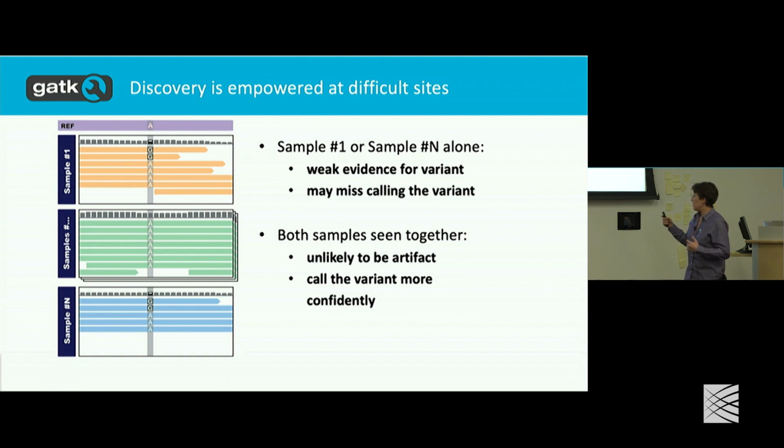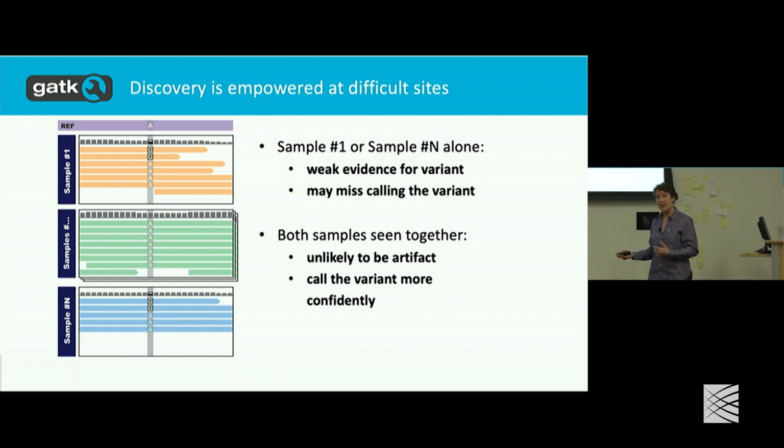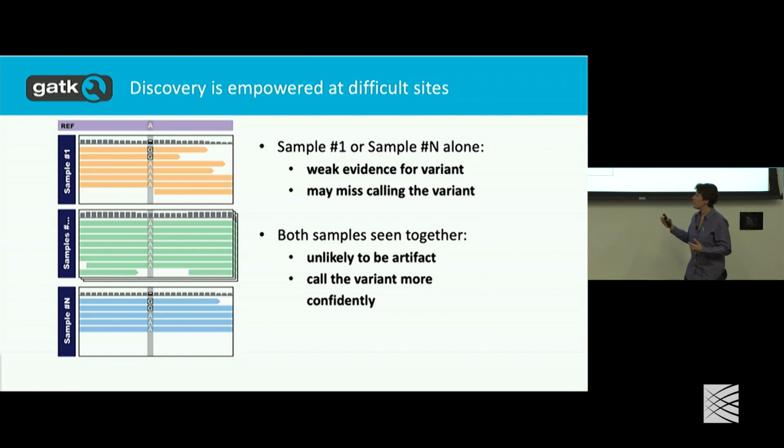Now, if we look at other samples in addition to that one, if it's a real variant that's in the population and we have enough samples, there's a good chance that we'll see this variant again. For example, here we have some number of samples, and many of them may be reference at this position, but then we get to another sample that has kind of the same pattern.